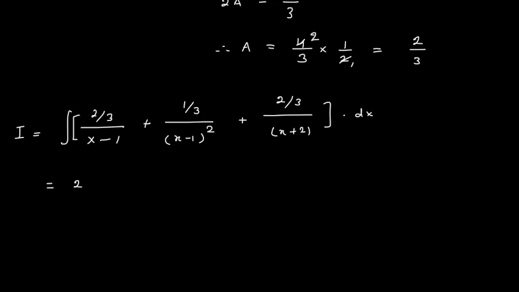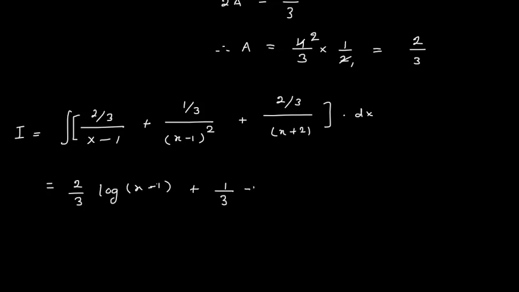So this is equal to 2 divided by 3, and here it is 1 upon x minus 1, so this is log of x minus 1, plus 1 divided by 3. Now here it is x minus 1 the whole square. You can imagine this is x minus 1 power minus 2, so its integration will become x minus 1 power minus 1 upon minus 1.